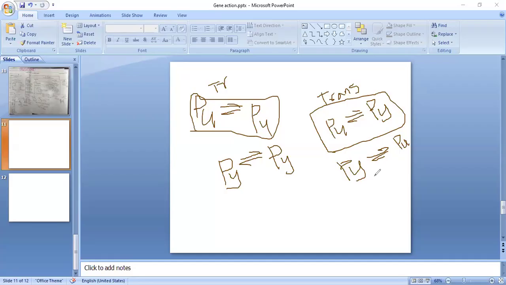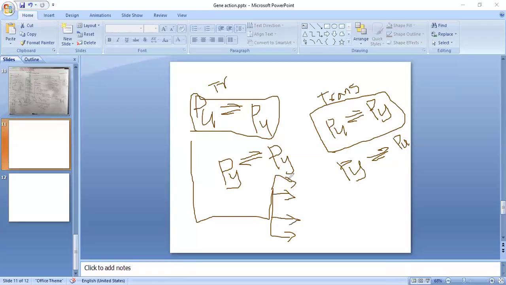So the transitions take place in the genetic material by four types of process. One is tautomerization, another one is ionization, third one is base analogs, fourth one is deamination.